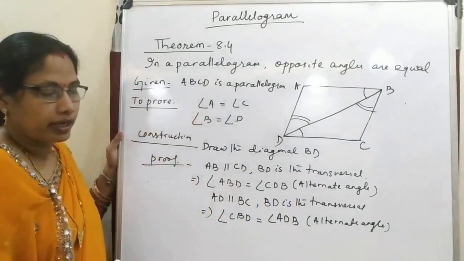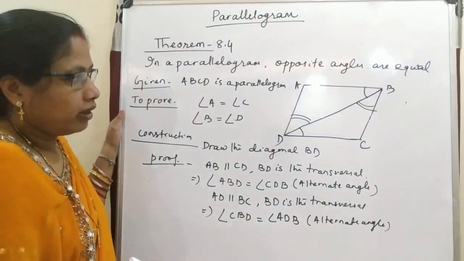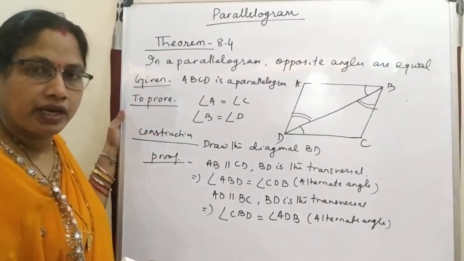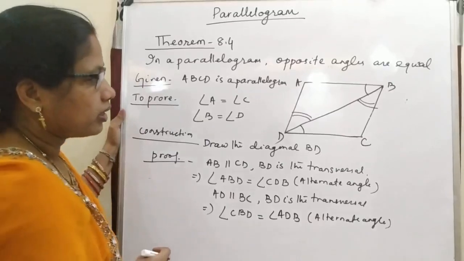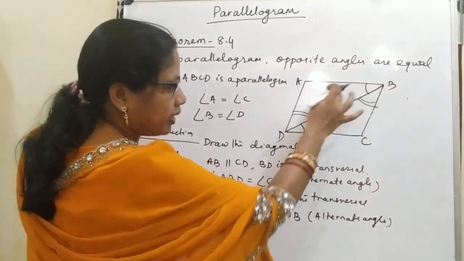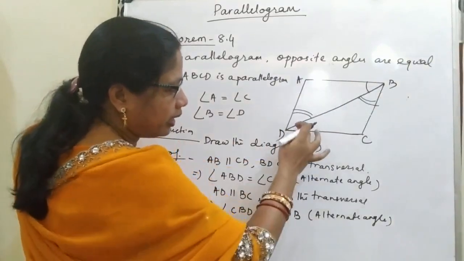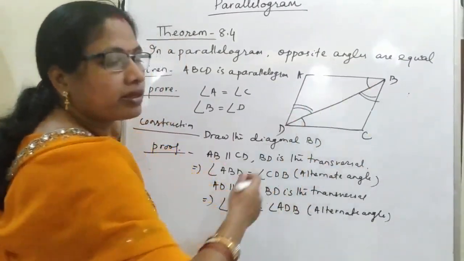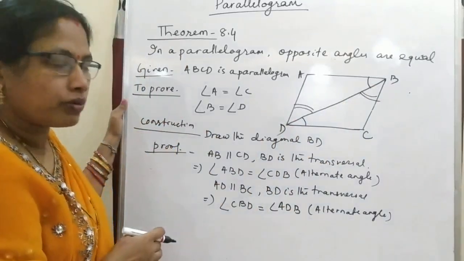But here you recall the angle sum property of a triangle, that the sum of three angles of a triangle is 180 degrees. So the sum of three angles of triangle ABD and the sum of three angles of triangle CDB are each equal to 180 degrees.